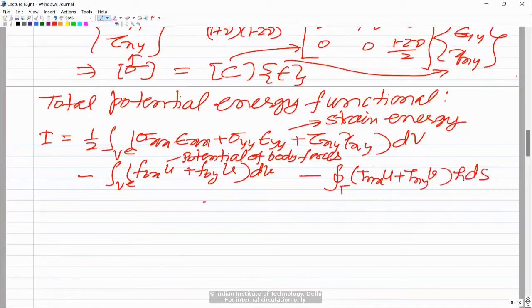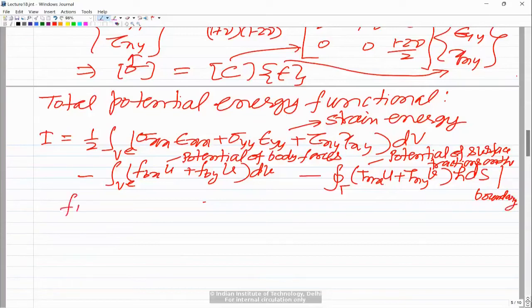So this term is basically nothing but the potential of surface tractions on the boundary. So this is the total potential energy functional consisting of strain energy, the potential of body forces, and the potential of tractions acting on the boundary.